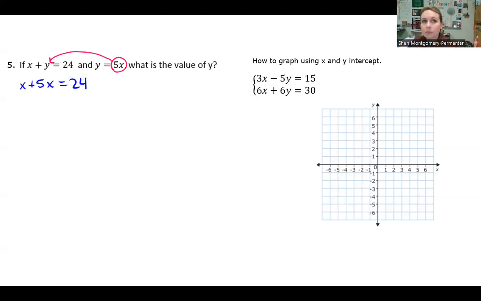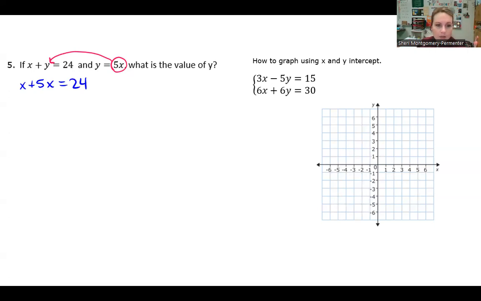All I did was replace y with 5x because it says y is equal to 5x. When we do that, we have a pretty simple problem to solve at this point. We have 2 x's. We can put them together.